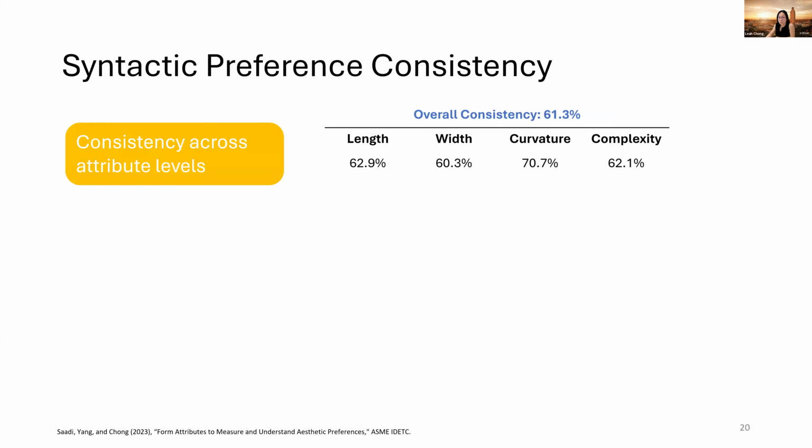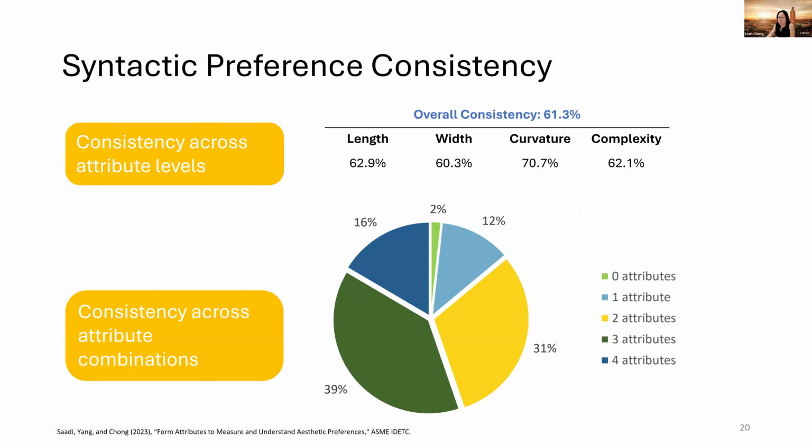So some of the results here: syntactic preference-wise, we saw about 61.3% consistency, which is really vague. We don't really know what that means exactly. So we looked more into the consistency across attribute combinations. And we see that here, 31% had 2 attributes consistent, 39% had 3 attributes consistent.